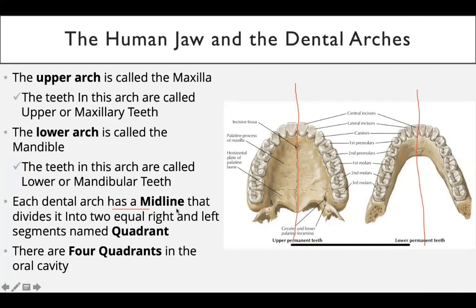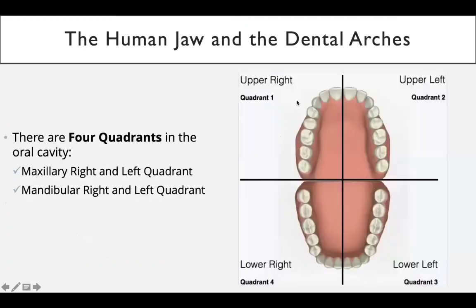Each dental arch has a midline that divides it into two equal right and left segments named quadrants. There are four quadrants in the oral cavity: maxillary right and left quadrant, and mandibular right and left quadrant.